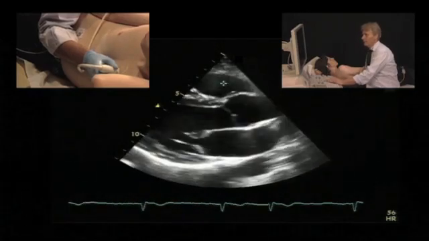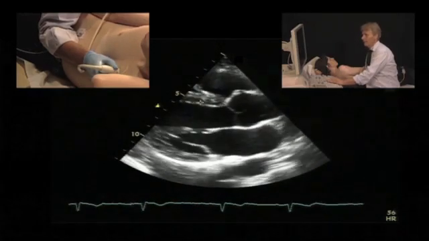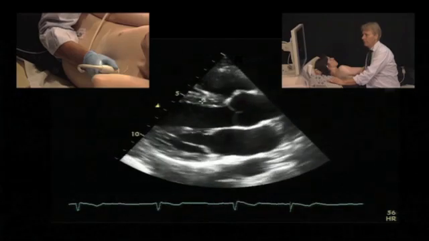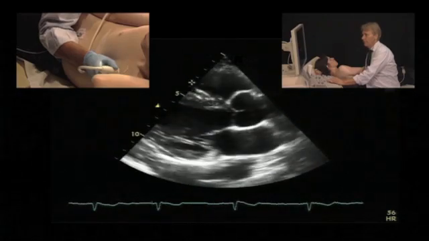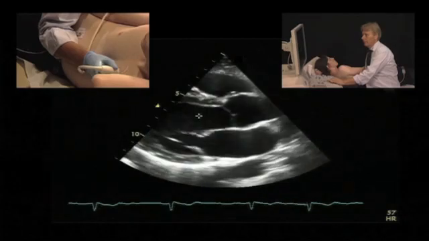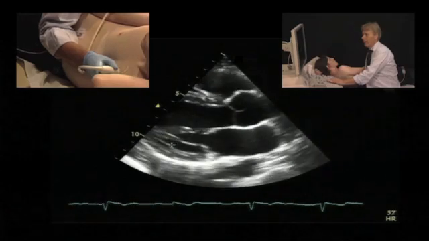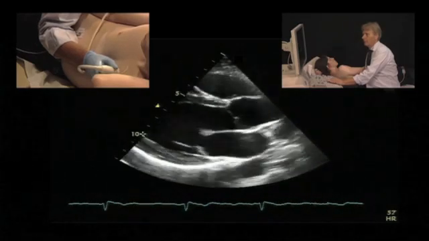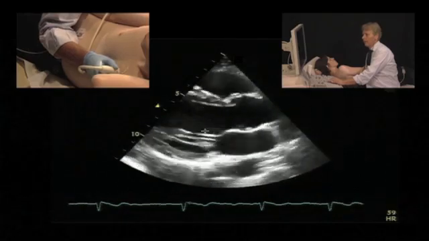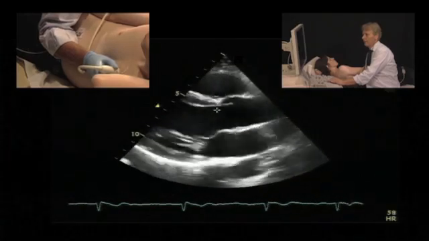Now, what do we see in the parasternal long axis? This here is the right ventricle, the interventricular septum, the basal parts. This here is the moderator band. We have the left ventricle, we have the posterior lateral wall, we have the LVOT, the outflow tract.